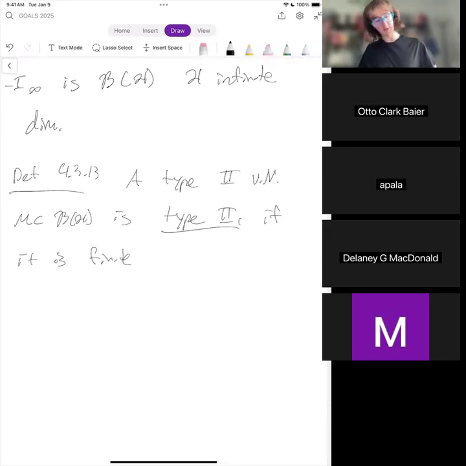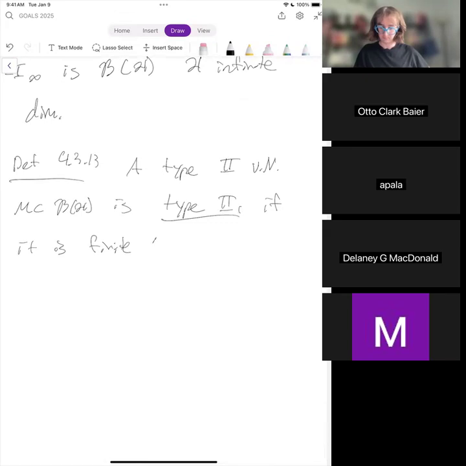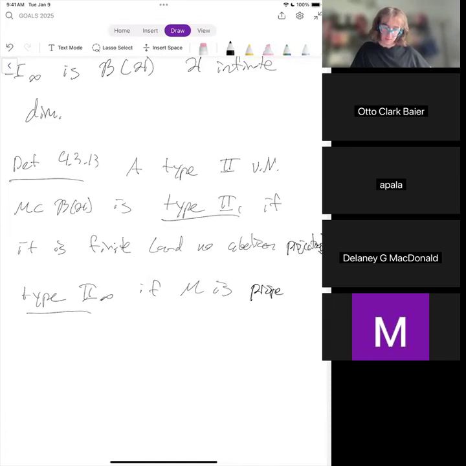Remember, a type 2 von Neumann algebra is semi-finite plus no abelian projections. And so now you restrict it further to being finite and no non-zero abelian projections. And then type 2 infinity, if M is properly infinite.